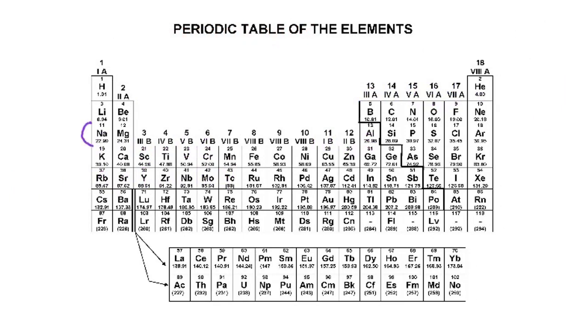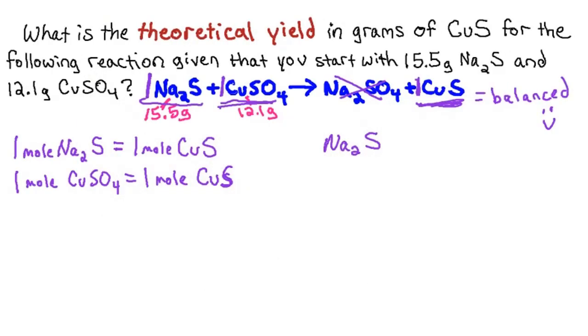And Na is over here on the left. So that's 22.99. So Na is 22.99 grams per mole, but we have 2 of these Nas. We have 2 of them, so we need to take that times 2, which is 45.98 grams.